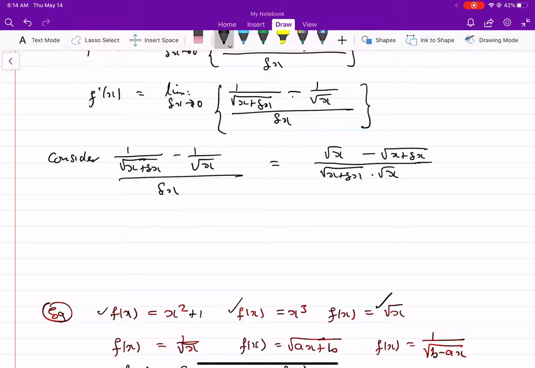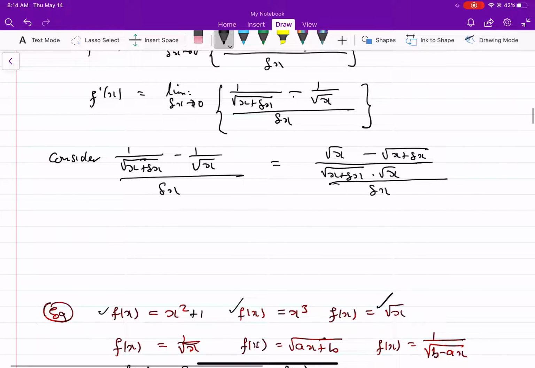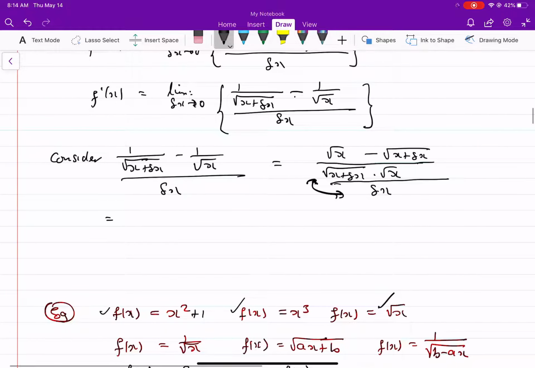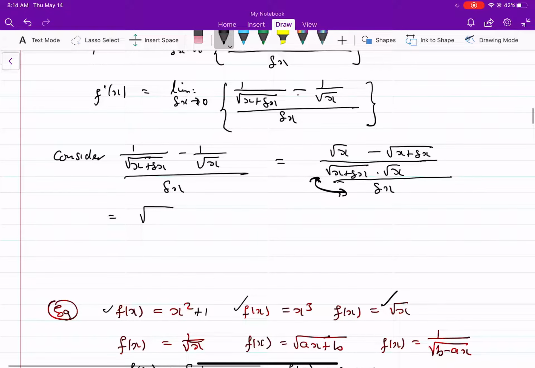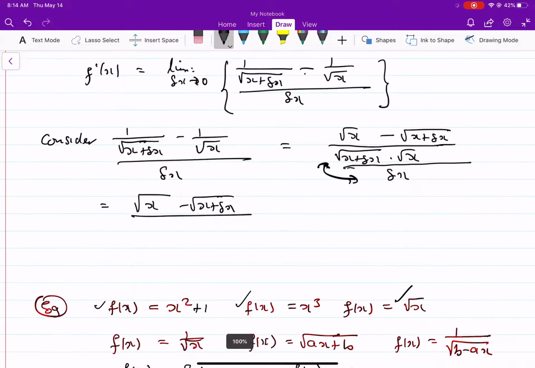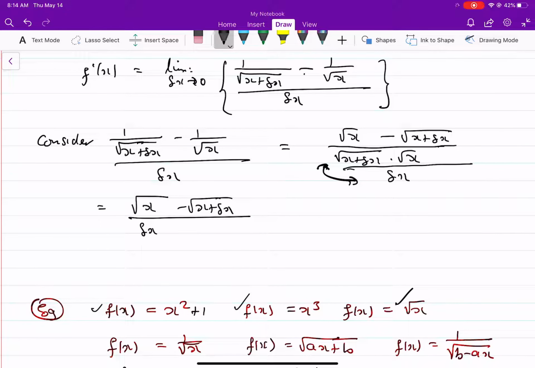I should know that, right? Your algebra should be good enough. And all of that's still divided by delta x. Well, these two join up to become a single denominator. And the expression now becomes root of x minus the root of x plus delta x upon delta x times the root of x plus delta x times root x.